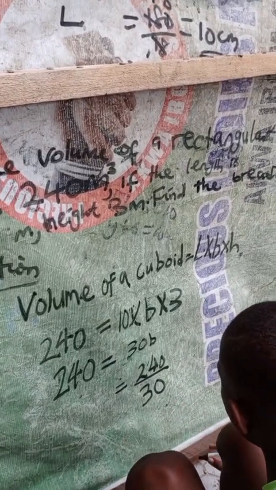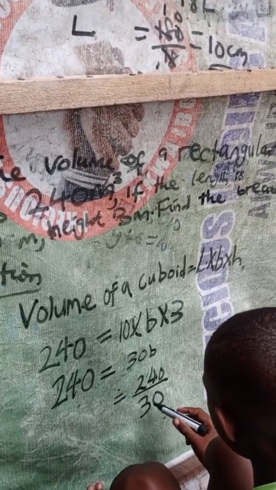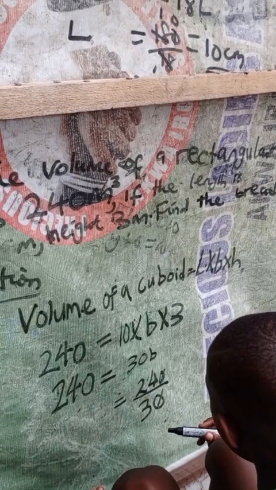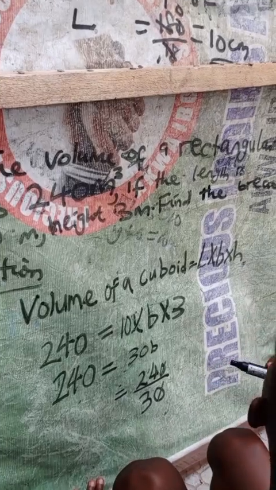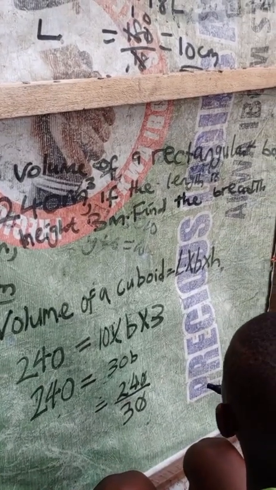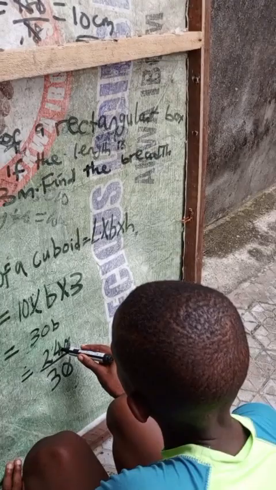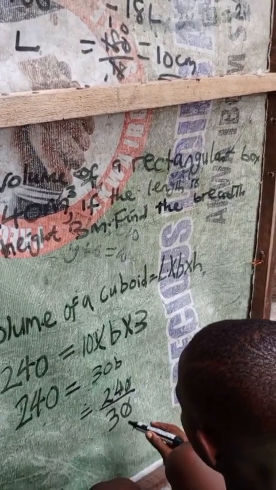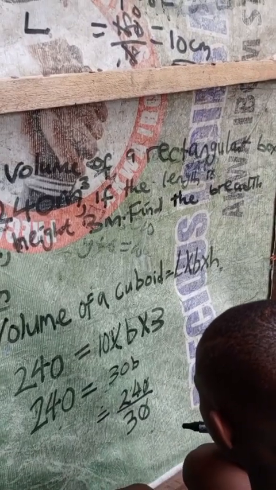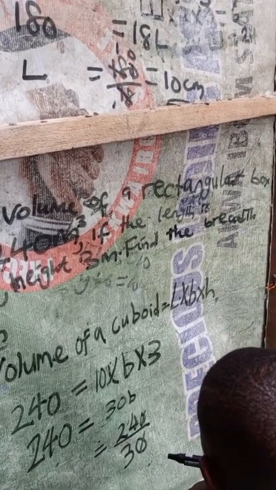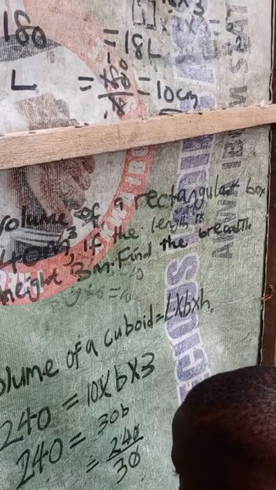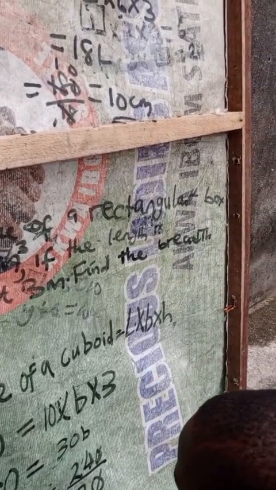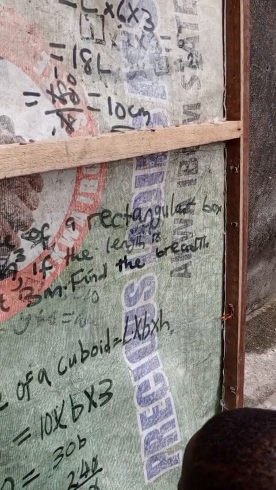Okay, move on. Simple cancellation method. Your multiplication table. 8m.